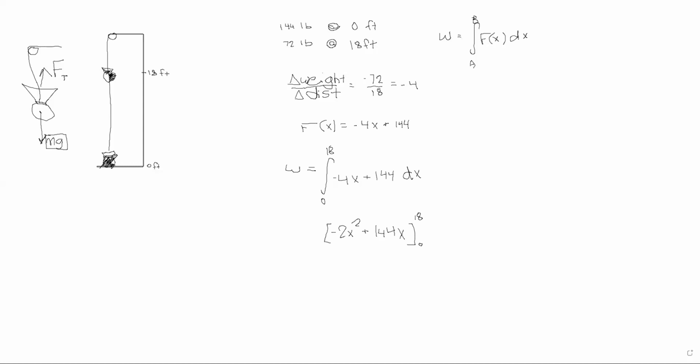So if we plug in 18 squared times -2 is -648. And then 18 times 144 is 2,592.